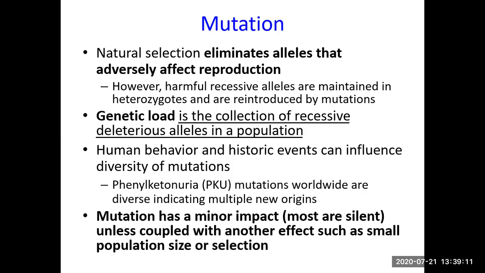And most mutations are actually neutral. They don't produce any effect on the trait, no phenotypic effect. Why? Because remember, from the genetic code, if only the last base of the codon gets changed, it still produces the same amino acid. So that is neutral.